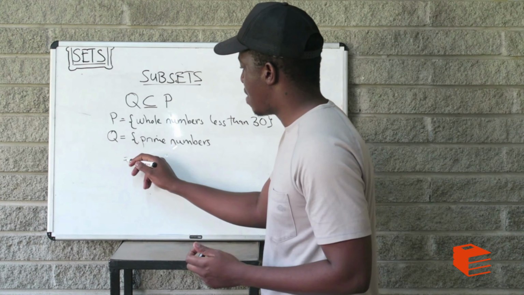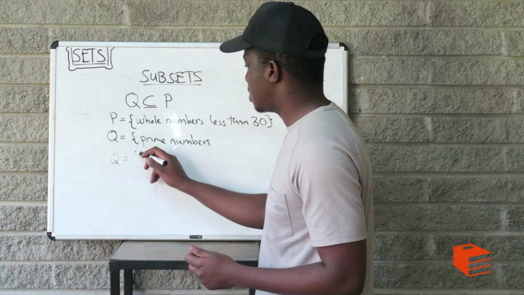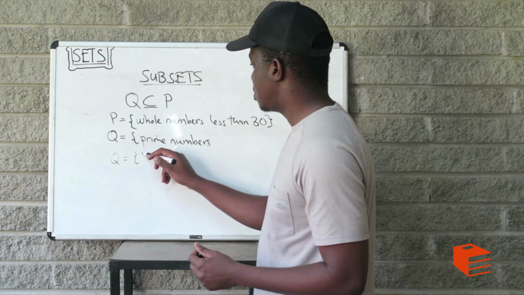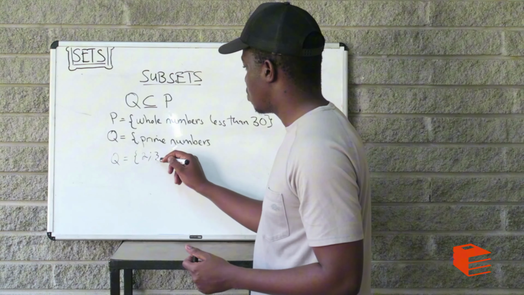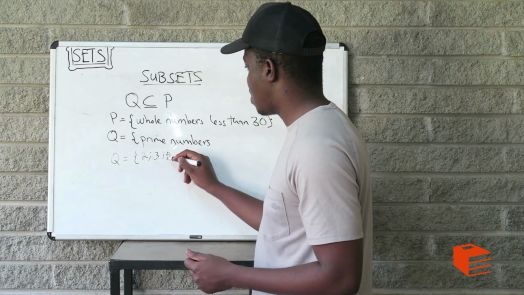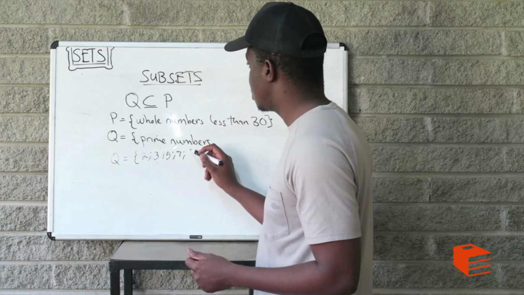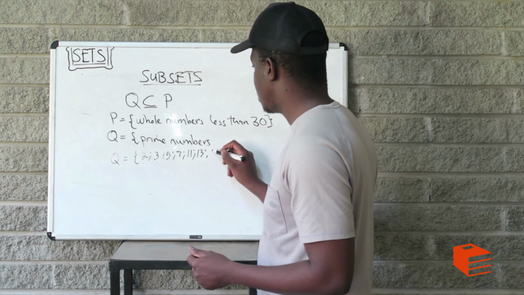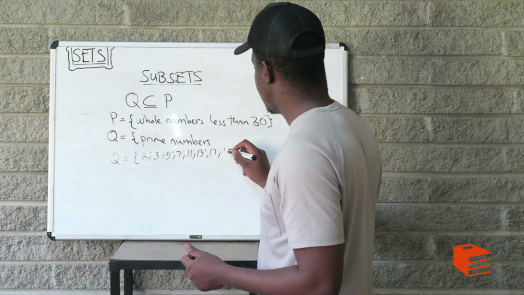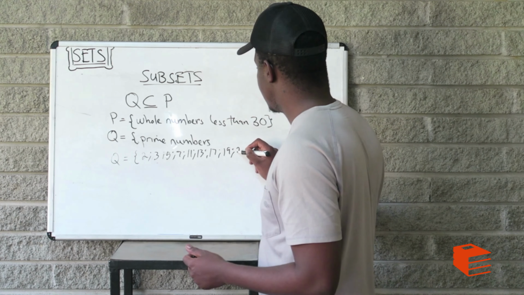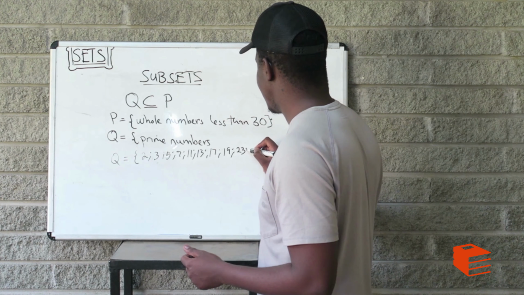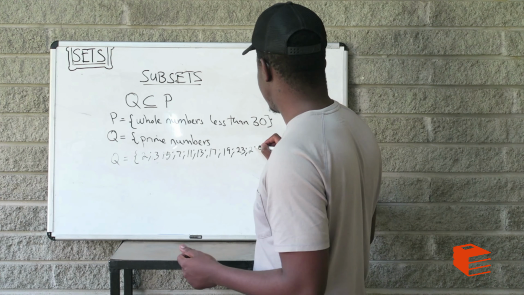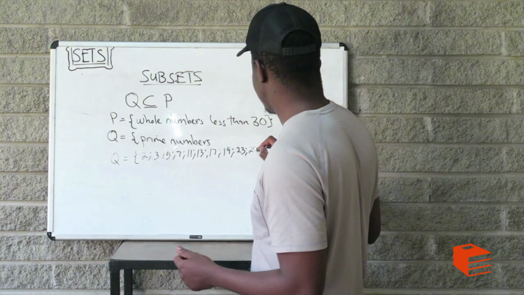So let's list some of the prime numbers that we can find under 30. What are the prime numbers? 2, 3, 5, 7, 11, 13, 17, 19, 23, and then is there any other? 29?